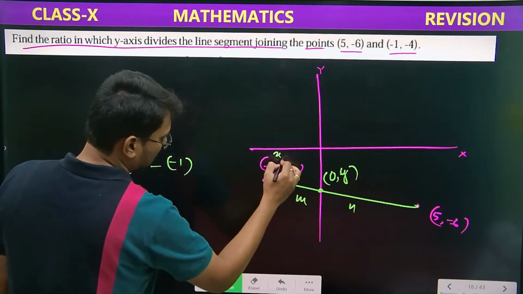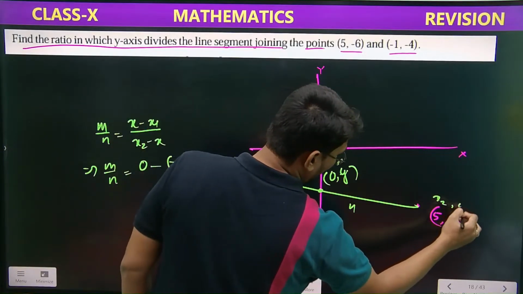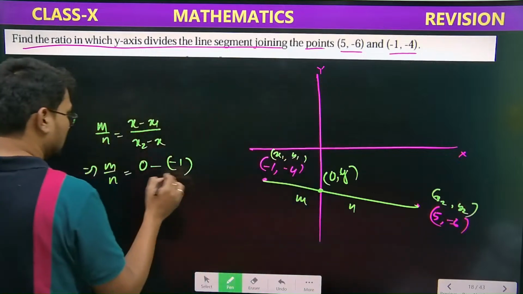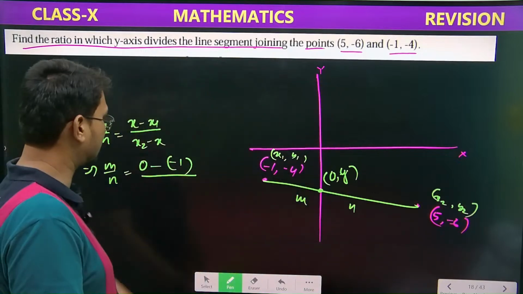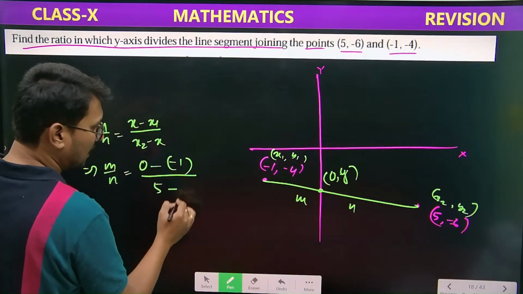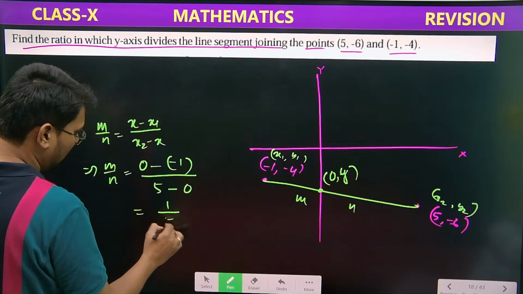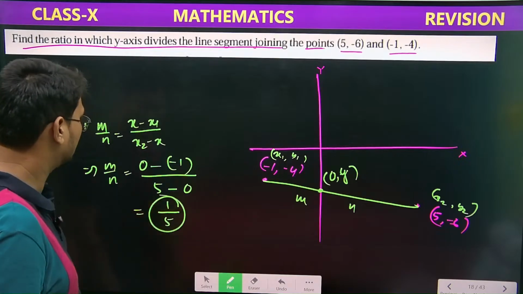This is x1, y1 and this is x2, y2. Hence 0 minus x1 by x2 minus x. x2 is 5 minus 0, so that is 1 by 5. 1:5 we are getting.